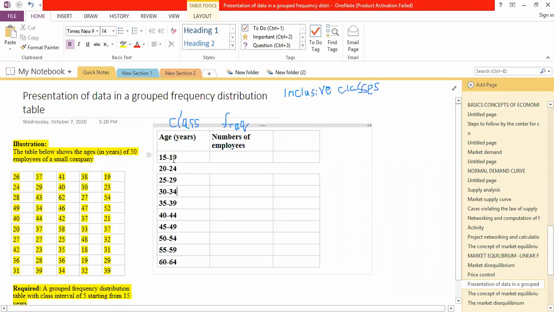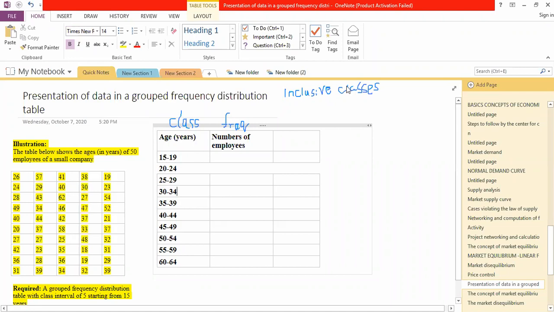The reason is that the first class of 15 to 19 has accommodated 5 figures, being our interval. Remember the values of 15 and 19 are included in that category.